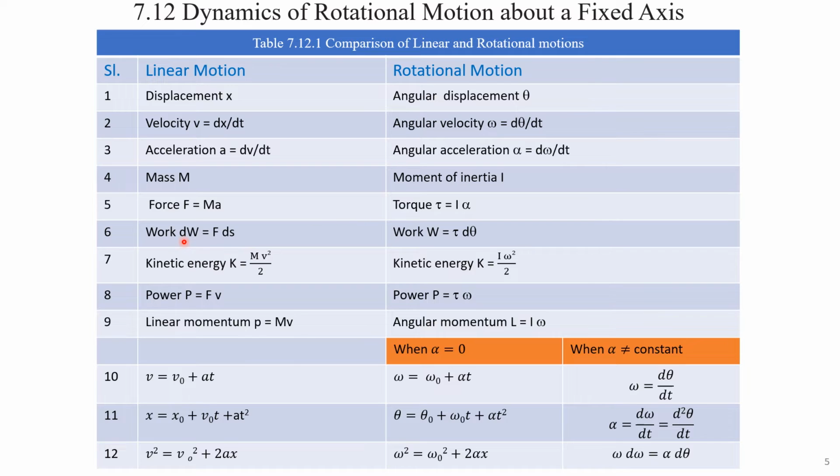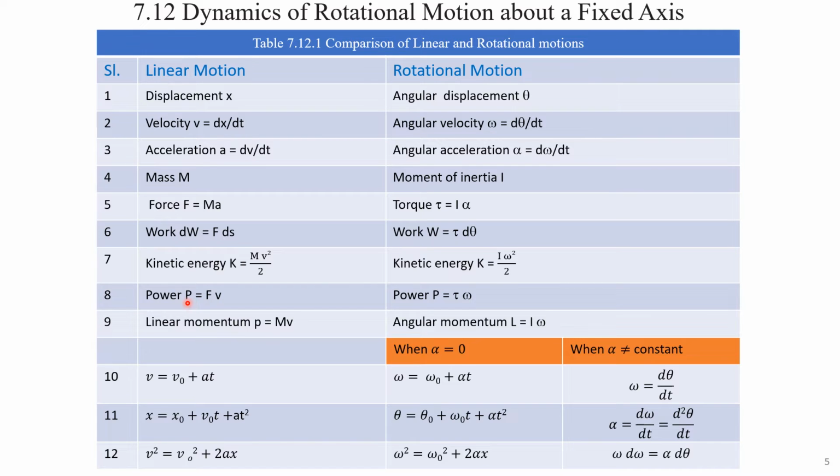Work done is dW equal to F dot ds, and work in rotational motion is related as W is equal to tau d theta. The kinetic energy in the case of linear motion is K equal to mv square by 2, and in rotational motion it is K equal to I omega square by 2.